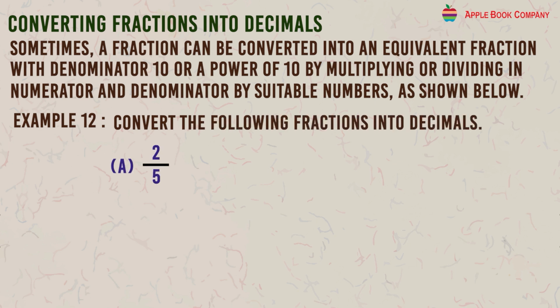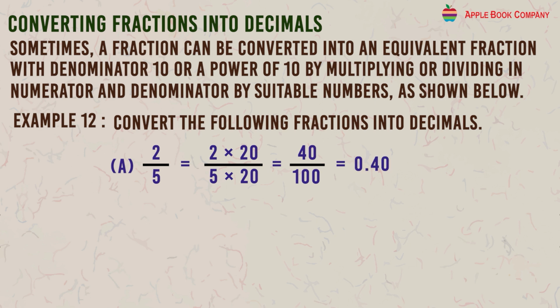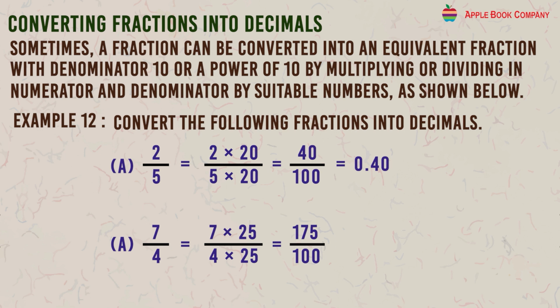A, 2 by 5. We have 2 by 5 is equal to 2 into 20 by 5 into 20, which is equal to 40 by 100, which can be written as 0.40. B, 7 by 4 can be written as 7 into 25 divided by 4 into 25, which is equal to 175 by 100, which is equal to 1.75.